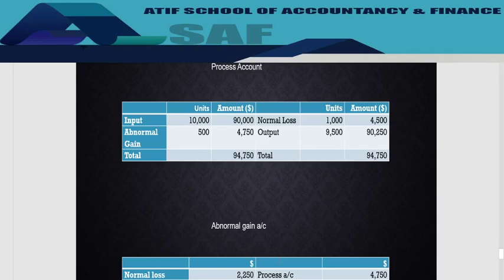Why so? Because it is considered as if these units are not abnormal gain units, they would be sold as scrap units and bring a revenue of $2,250. Means $2,250 would always be recovered. The extra amount that is recovered is credited to profit and loss, and that is 2,500.